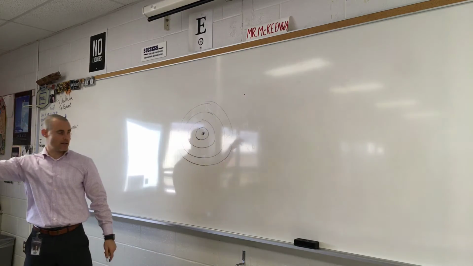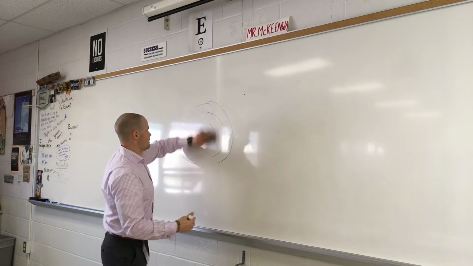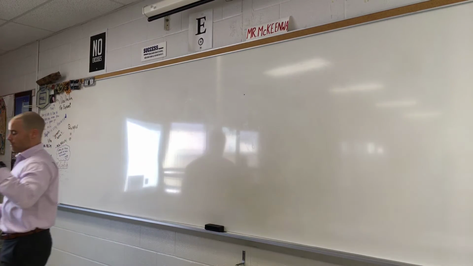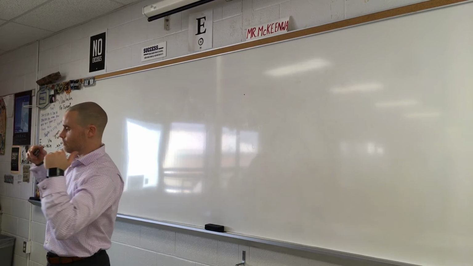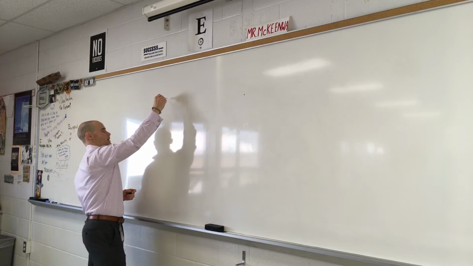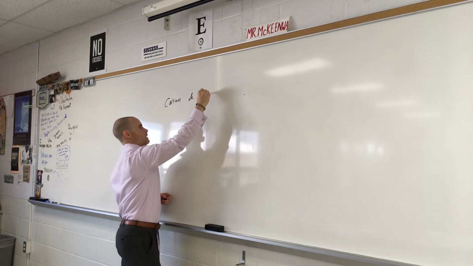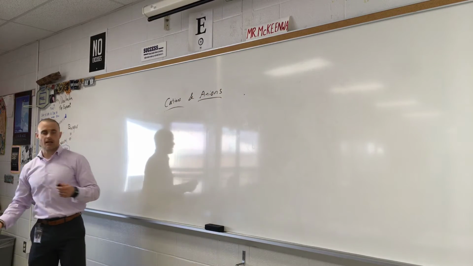I want to first get down what we just went over, ions. I'm jumping around a little bit, I apologize, but I wanted to get the ions and the proton, neutron, electron stuff done before we did the model. So we'll come back to that. Cations and anions. These are called ions. What the heck's an ion?